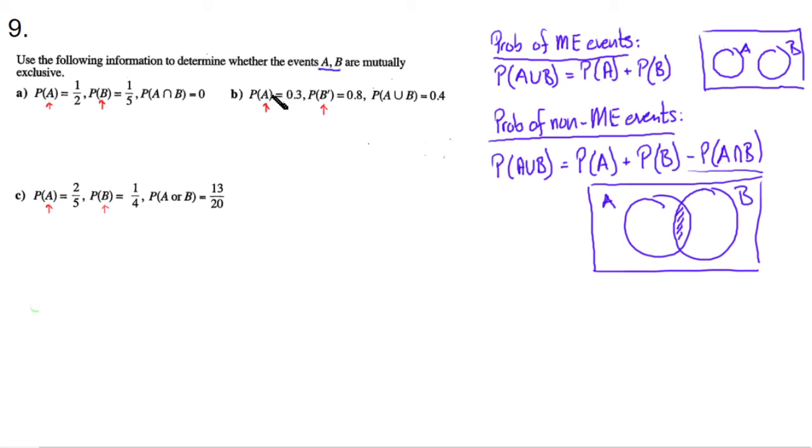In A here we have the probability of event A occurring being a half, the probability of event B occurring 1/5, and the probability of A and B occurring equal to 0. So here's the key: the probability of A and B occurring equals 0. That means there is no overlap.